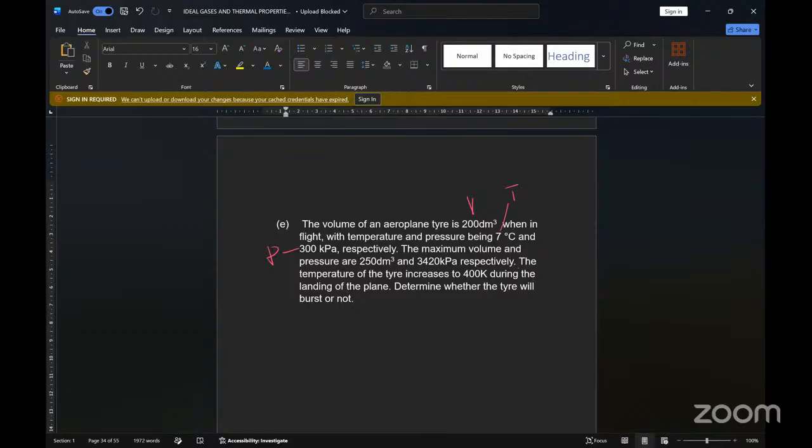The maximum volume and pressure are this and this respectively. It means the maximum volume that the tire can be filled with is 250 decimeter cube, and the pressure is this kilopascal. The temperature of the tire increases to this during the landing of the plane. Determine whether the tire will burst or not.